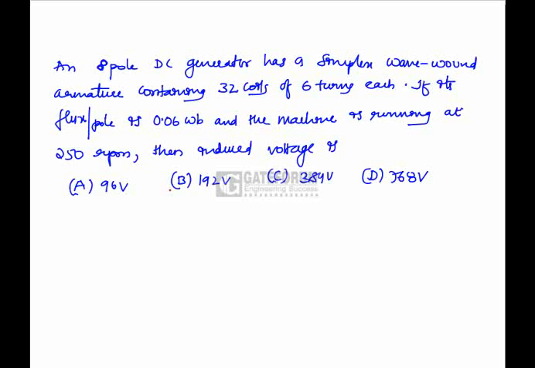He has given an 8-pole DC generator which is having simplex wave-wound armature winding, containing 32 coils of 6 turns each. What we have to find here is induced voltage. Induced voltage E is equal to phi ZNP by 60A.